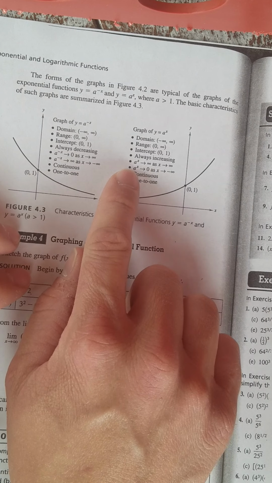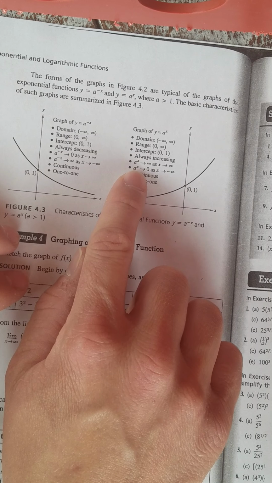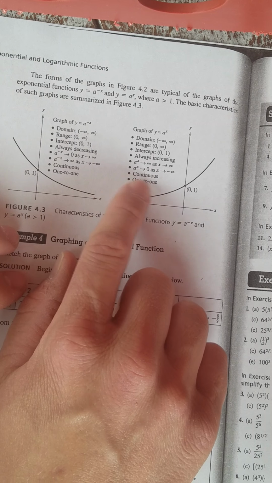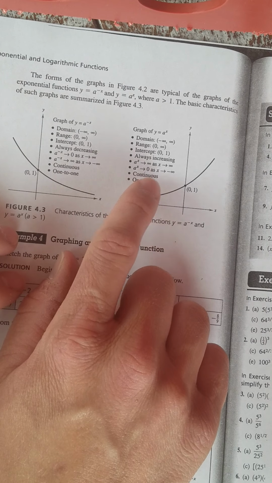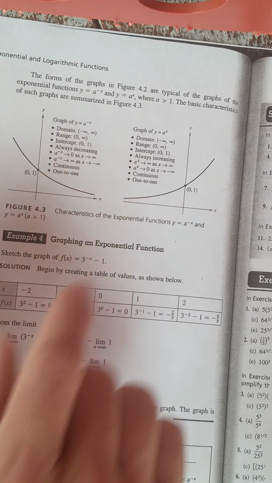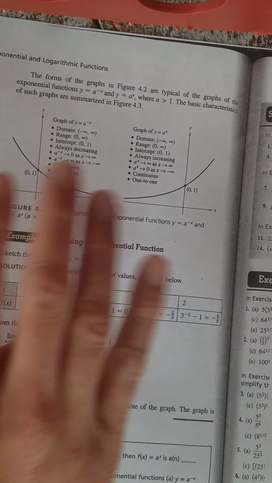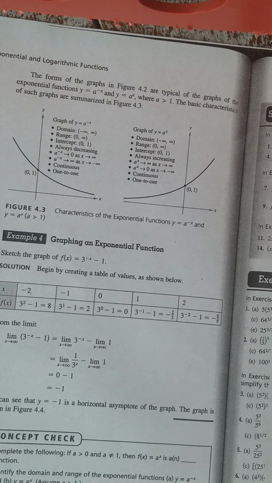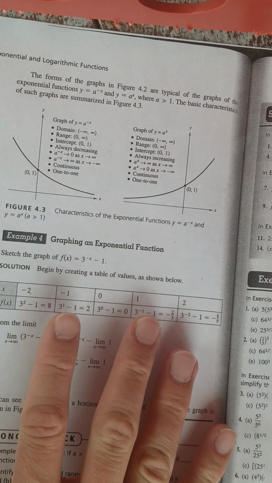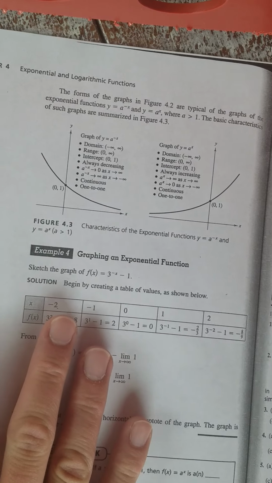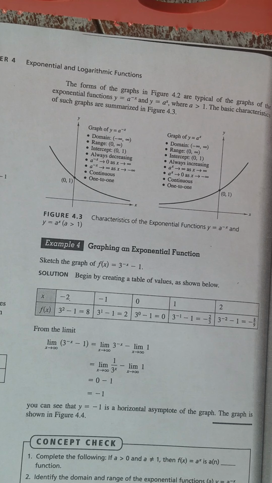It talks about end behavior: as you go to the right, the graph is going up, and as you go toward negative infinity, the graph is going down. It's continuous and 1 to 1. There's a lot of description on page 296, but I don't think the actual assignment asks you to describe anything too elaborately or too extensively. So that's basically what this first section is all about, recapping and reviewing exponential functions and their properties.